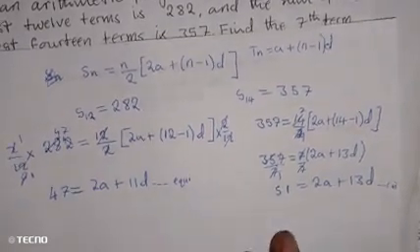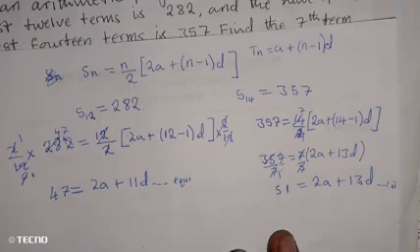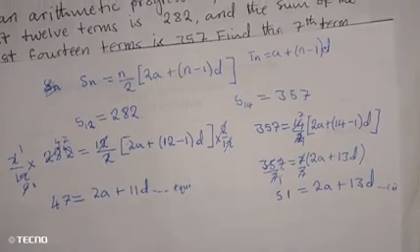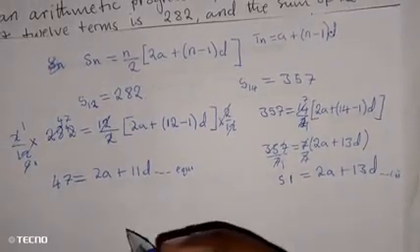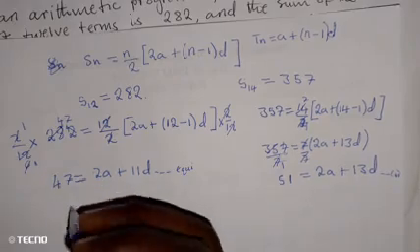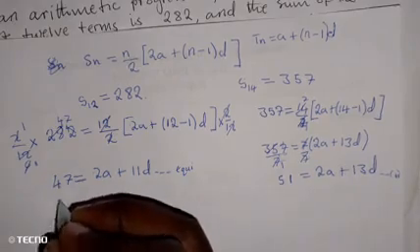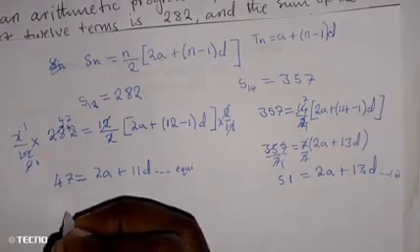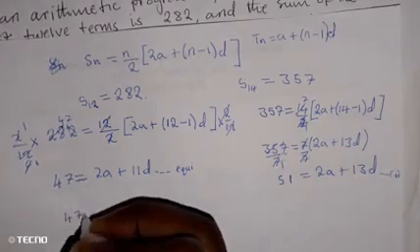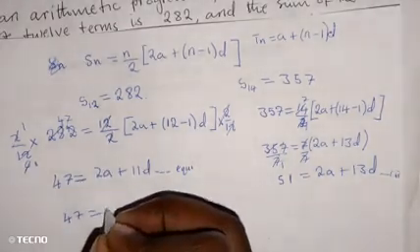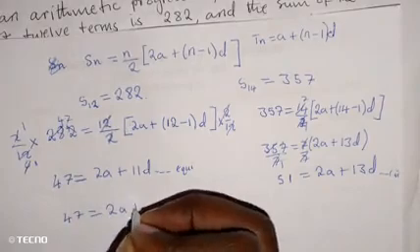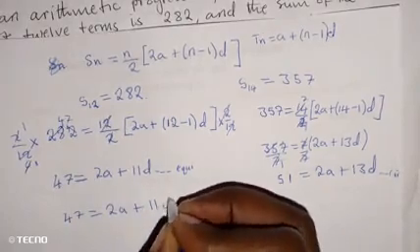Then we are going to solve these two simultaneously, using the elimination method. So we have 47 is equal to 2a plus 11d.